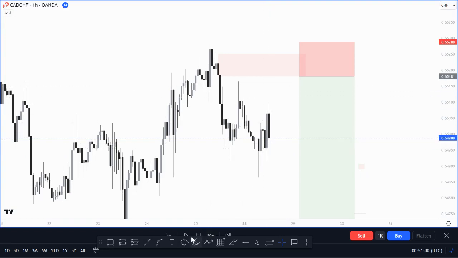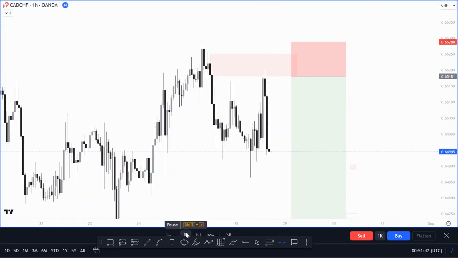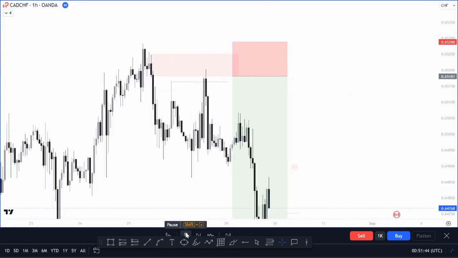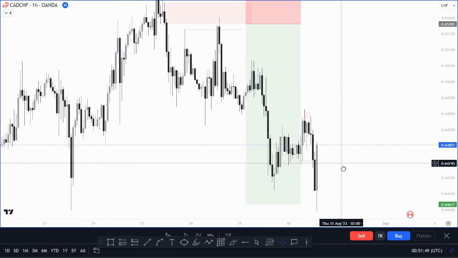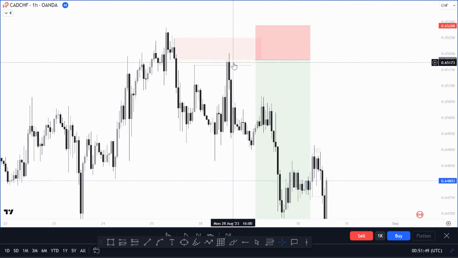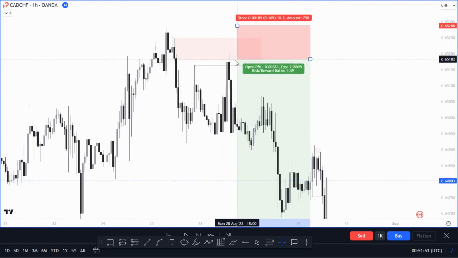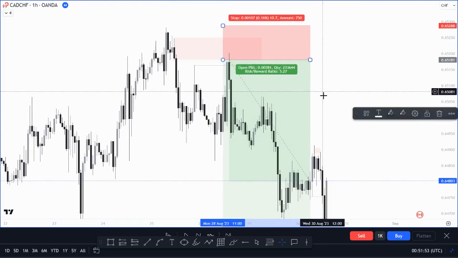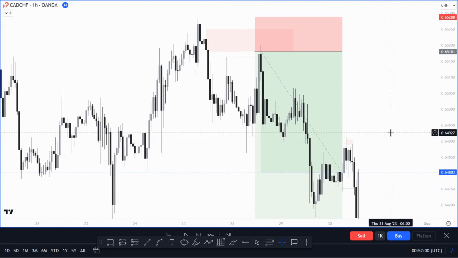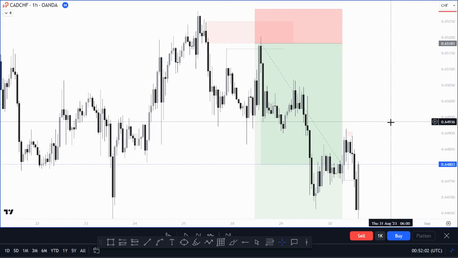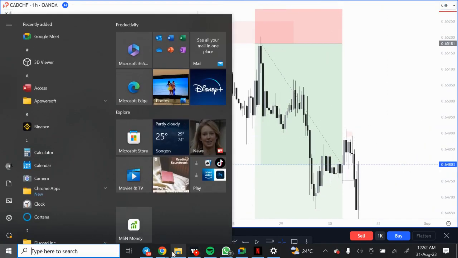Now let's see what happens. You see, the trade already triggers your order and you hit your profits. This trade triggered your sell order here, and this is profit. So you made $250.